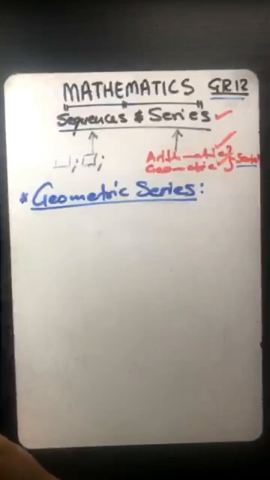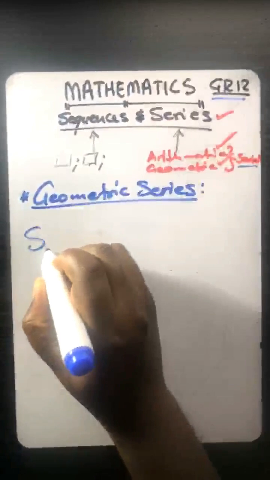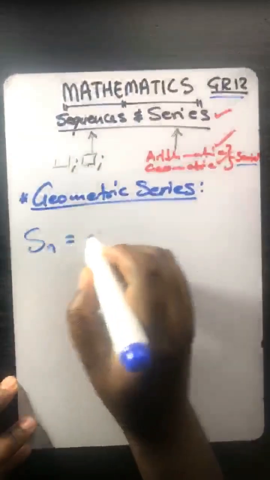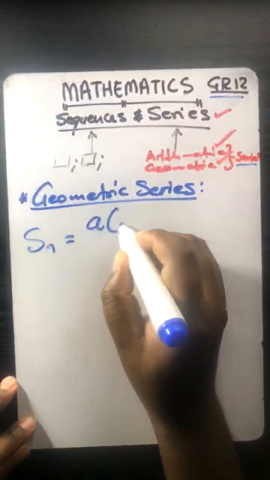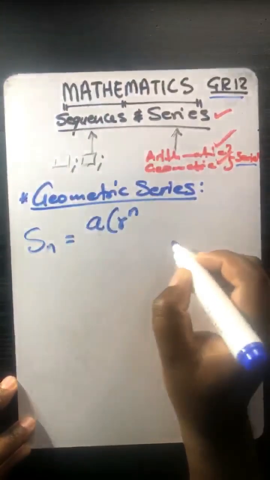So quickly, let's talk about all that you need to be aware of regarding a geometric series. You've got two formulas. The first one looks like this: Sn equals a into r to the exponent n.